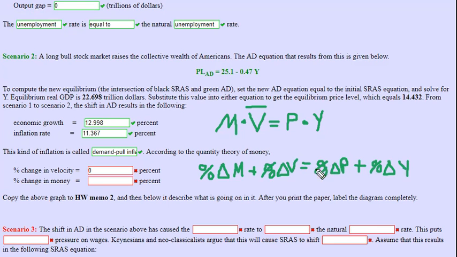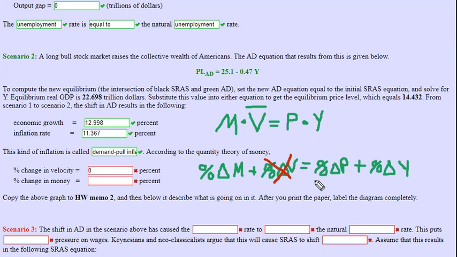Now, this is the percent change version of that equation. This is multiplication, this is addition, right? So we've assumed that the velocity doesn't change, it's constant. So that's zero. So what we end up having is inflation plus economic growth.